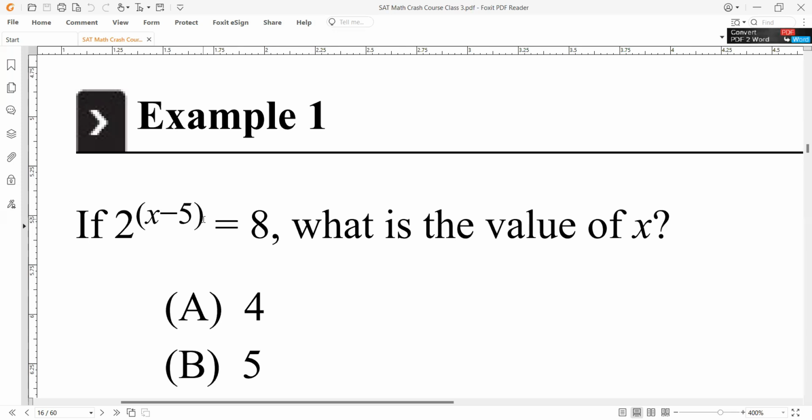Can you write that 8 equals 2 to the power 3? 8 is nothing but 2 cubed. So can you write this equation as 2 to the power x minus 5 equals 2 to the power 3? Yeah.